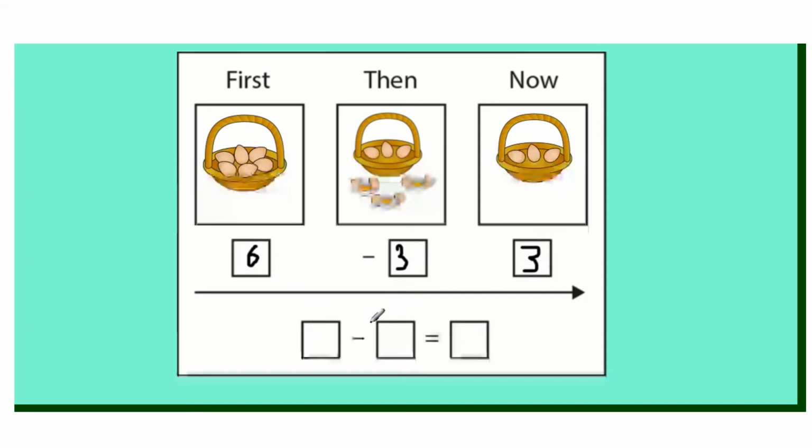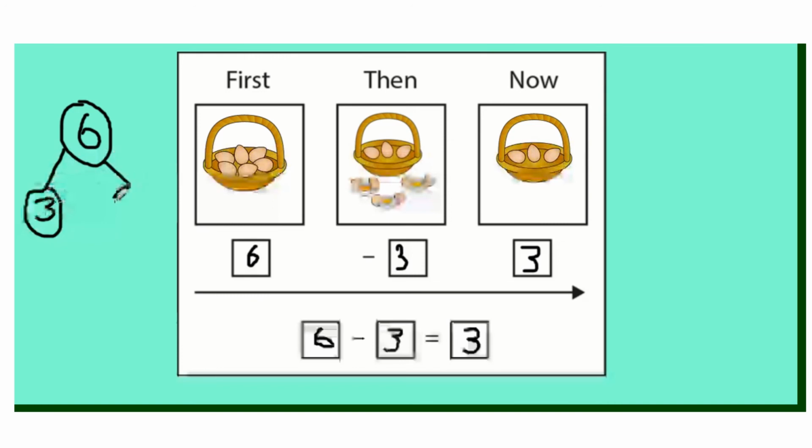Okay, so let's put that into a number sentence. We've got 6 take away 3, which equals 3. Okay, and my cherry diagram to match was 6 as my whole, then my parts were 3 and 3.